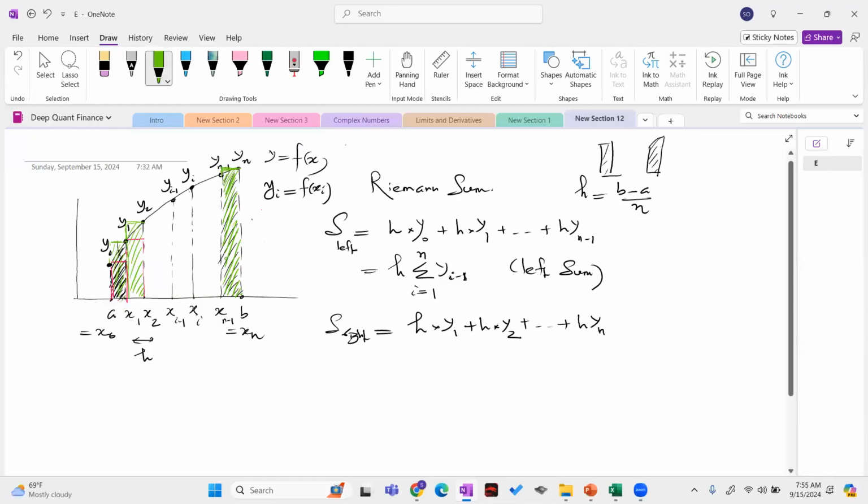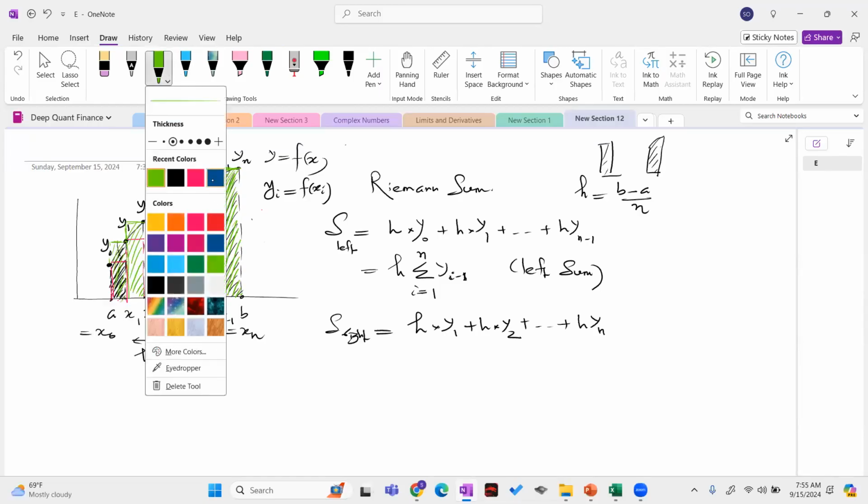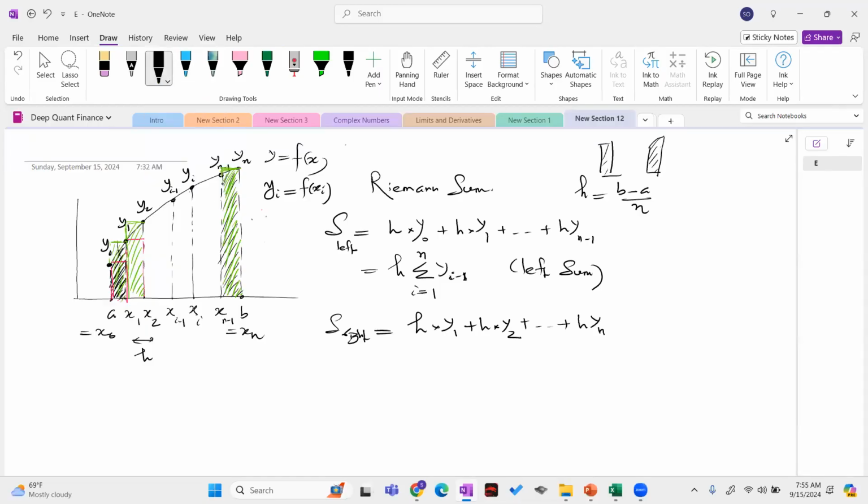So the green rectangles add up to the right sum. Okay, so I can write this as h summation y i, i equal to 1 to n. Same thing. As per this figure, we will overestimate the area. Correct?